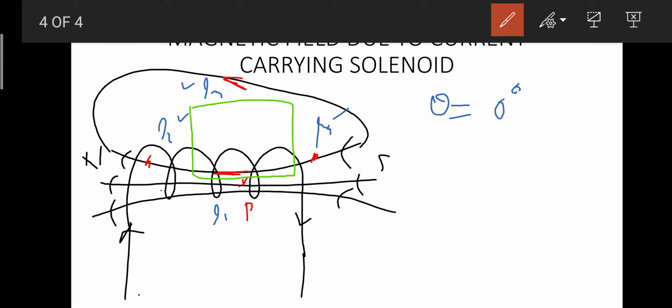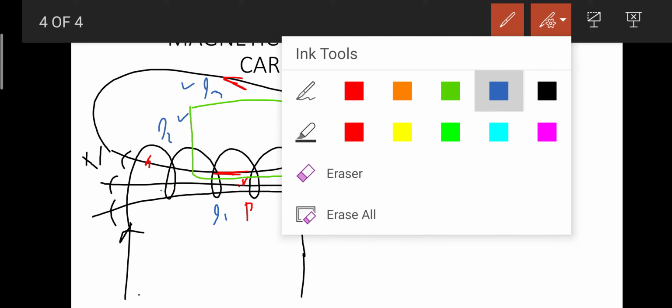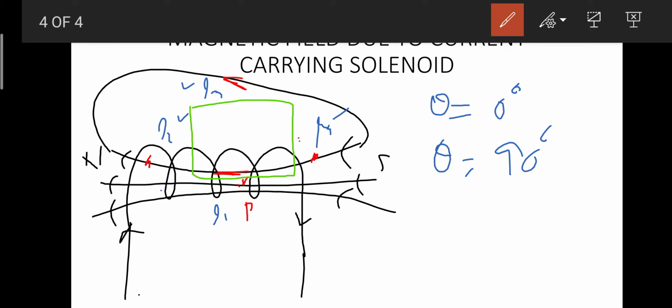And for the cases of L2 and L4, we are observing that theta is equal to 90 degree, right? How can you see this? This is the length element L4, and if I draw the angle between the field line and this Amperian loop, B and L, the angle is definitely 90 degree. So this is 90 degree, right?